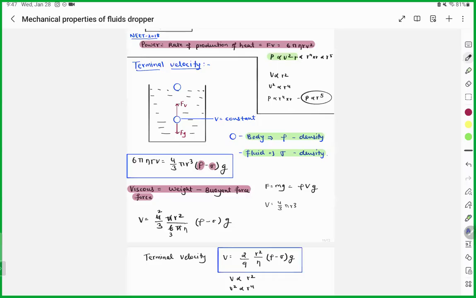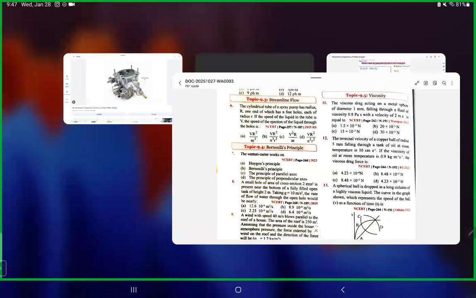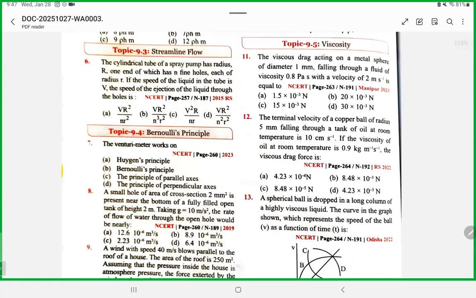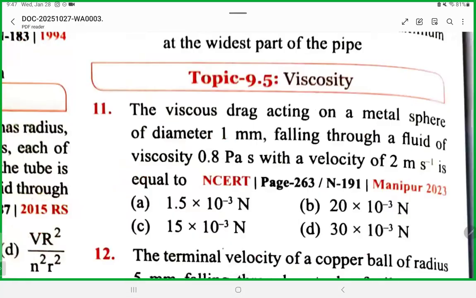Done, sir. If everybody is done, look at this question. 11th. Viscous force, the viscous drag acting on a metal sphere of a given diameter. You have the diameter, you can calculate the radius. Falling through a fluid of viscosity in Pascal second. Okay. Velocity is equal to this.